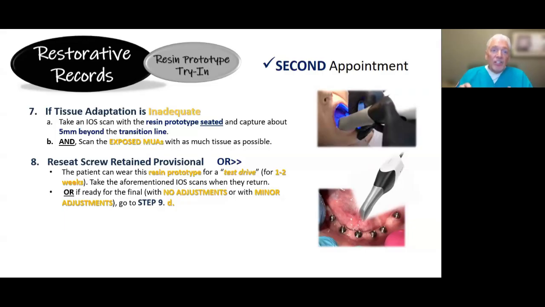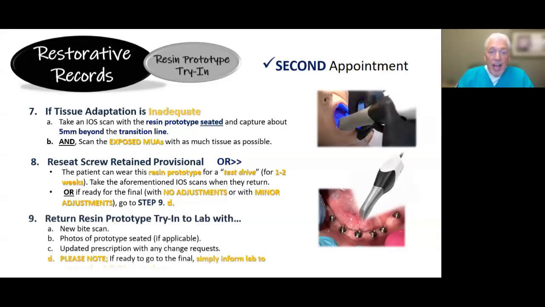Now, let's say that if they were happy with this try-in, they did the test drive, and they wore it, or you're just happy with it at this point, no adjustments were needed, or something was very minor. Then you can just return that resin prototype to the lab.